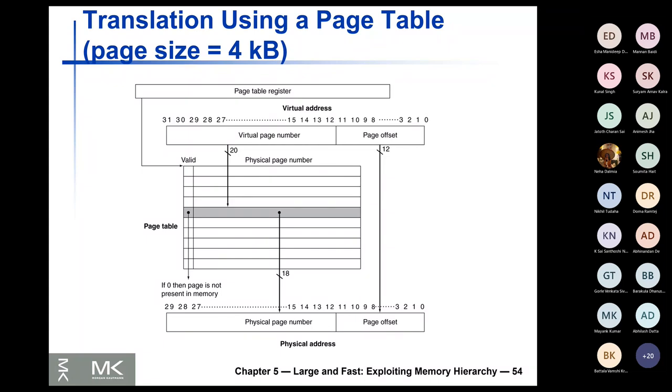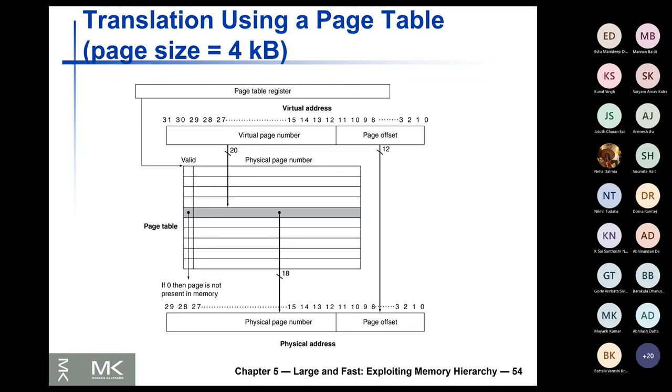There is one catch. The catch is that every row also contains a single bit called a valid bit, which if it is 1, shows that the page table entry can be trusted. It is an actual physical page number where the page is there in main memory. If the bit is 0, that means the page is not there in main memory.